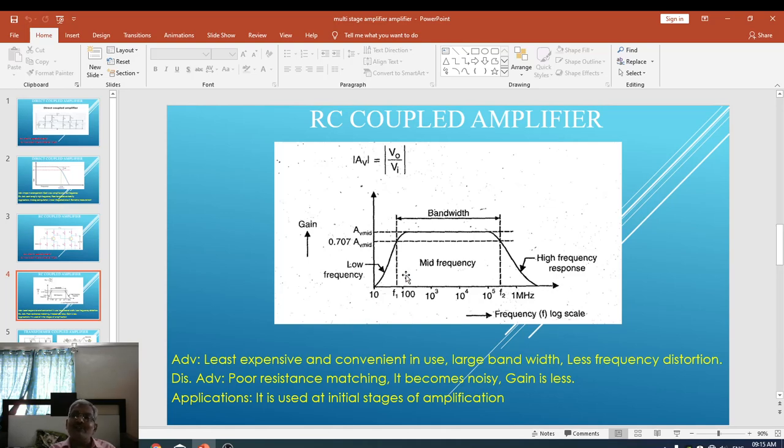From this graph, what can we observe? If you look at the graph, when frequency is 0, gain is 0. As frequency increases, gain also increases. Look here, this is not present in a DC coupled amplifier. The frequency region within which an increase in frequency increases the voltage gain is known as the low frequency region.